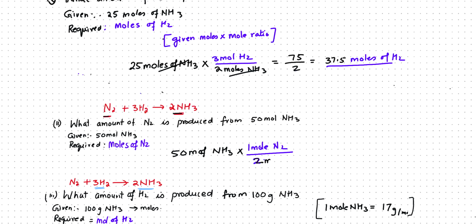We write ammonia here so that this unit gets cancelled. Moles of ammonia, moles of ammonia. So 50 times 1 is 50 upon 2. That is 25 moles of nitrogen.